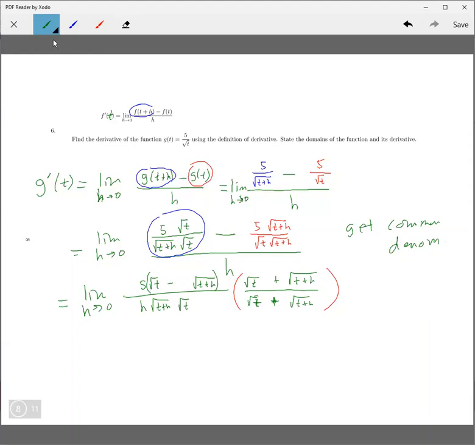Then the numerator becomes, because this is the square root of t minus the square root of t plus h times the square root of t plus the square root of t plus h, this times this, which is this squared, which is t, minus this squared, which is t plus h.